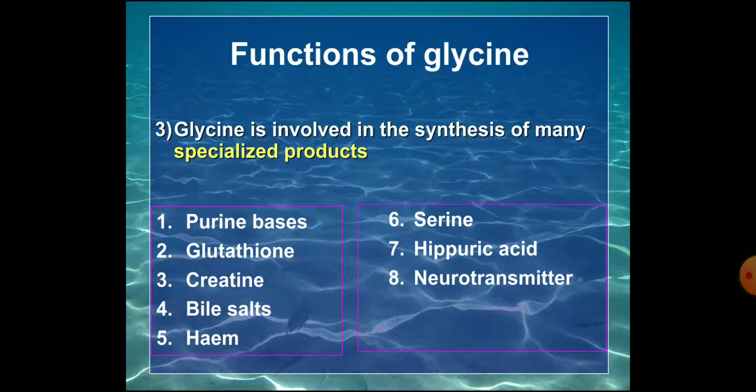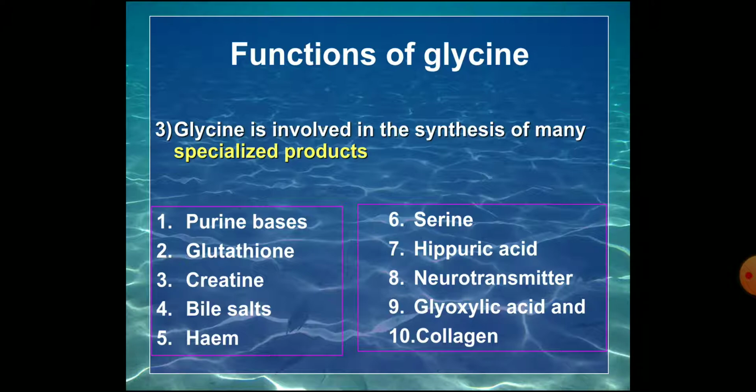Glycine also acts as a neurotransmitter, and glyoxylic acid is produced from glycine. And finally, collagen, which we have discussed already.